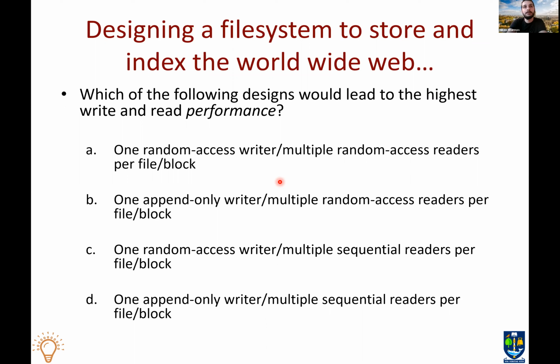The options are whether we have one random access writer or one append-only writer versus multiple random access or sequential readers. I'll leave this running for a few more seconds, because it seems that the consensus is already reached.